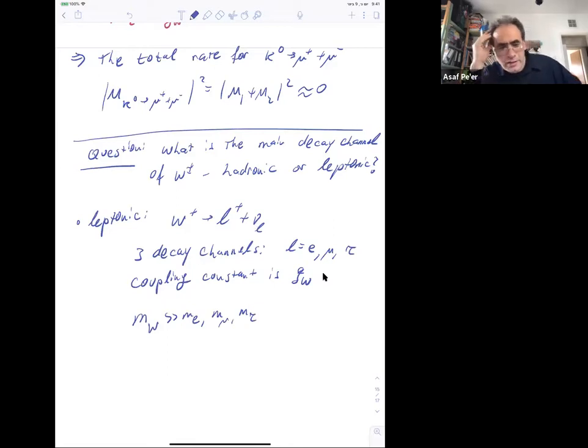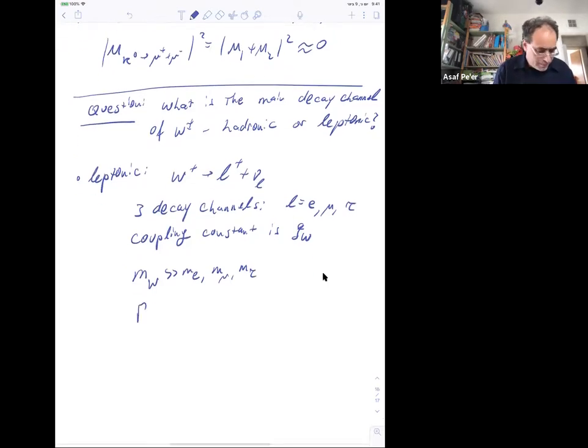So that means that I can neglect the phase space differences. And so I can write that gamma of the leptonic channel would be proportional to 3 G weak squared.